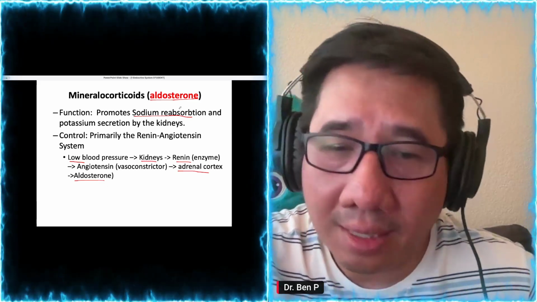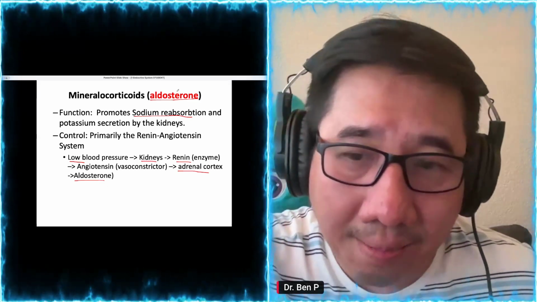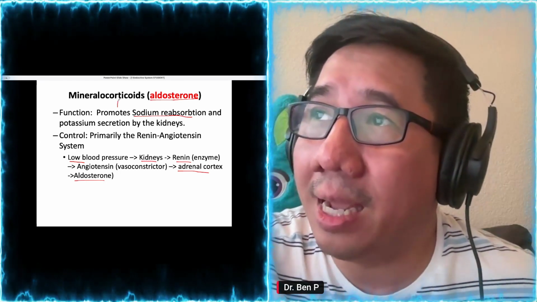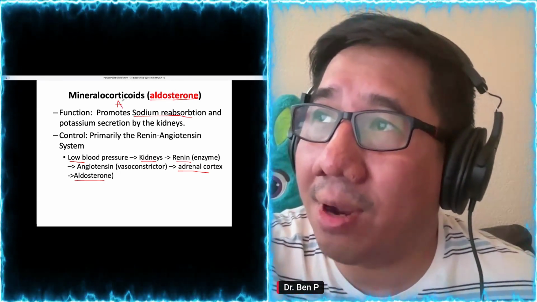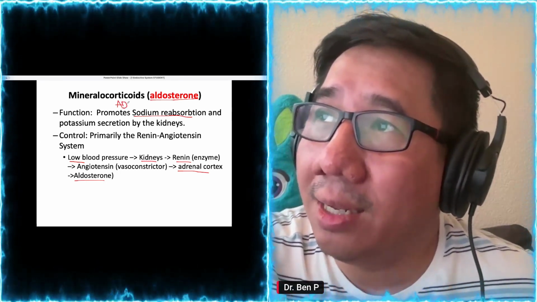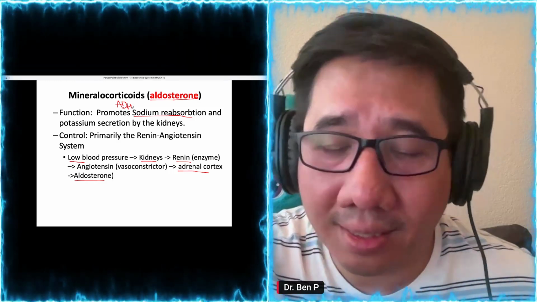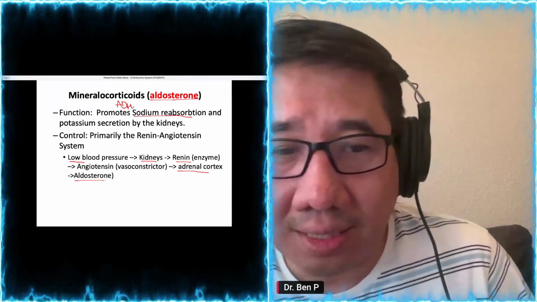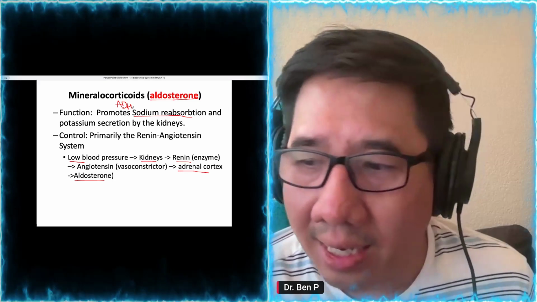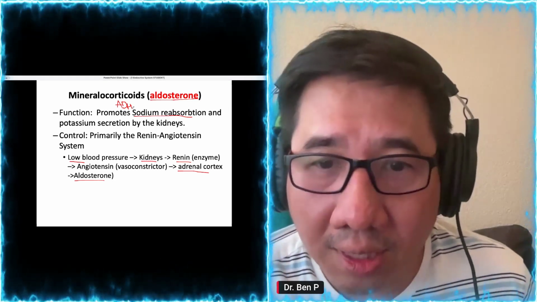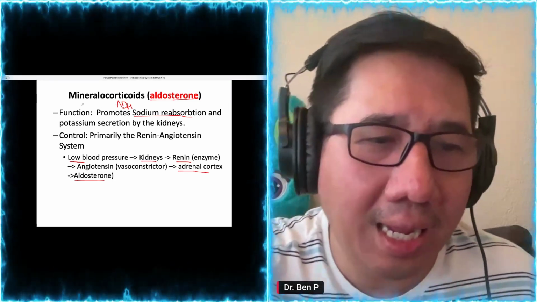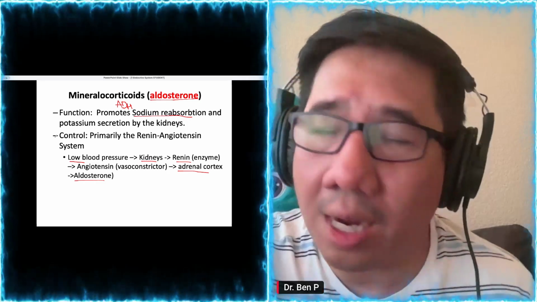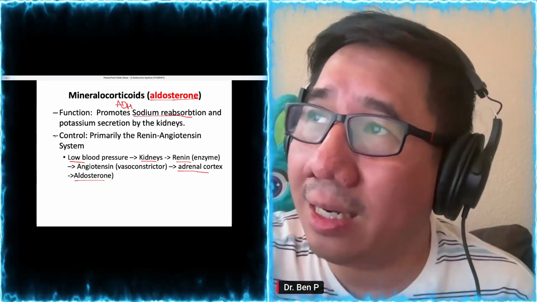What is the function? The function is actually the same as ADH. If you remember ADH, antidiuretic hormone, who secretes ADH? Where does ADH come from? ADH comes from the posterior pituitary. Yay! So the posterior pituitary secretes ADH.